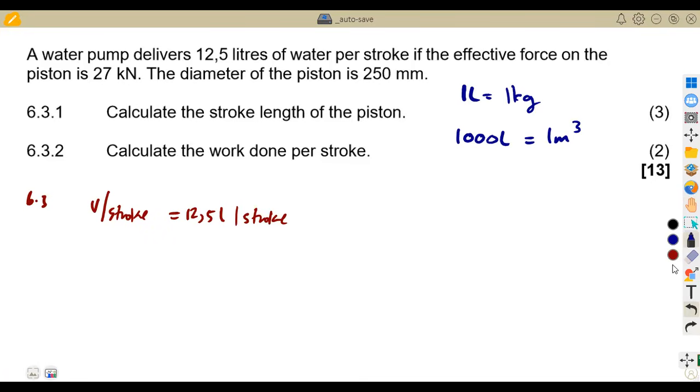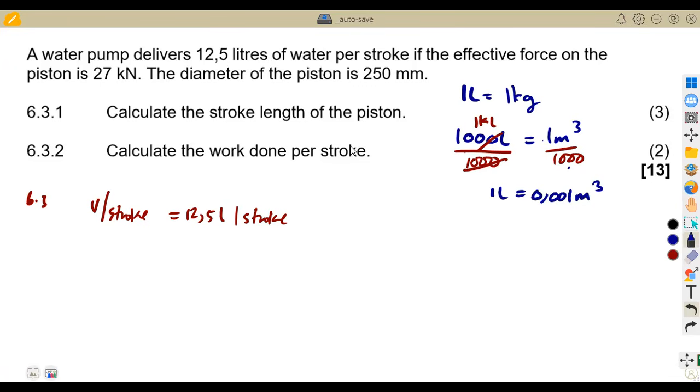So to relate 1 liter to a cubic meter, we just divide by 1,000. So 1 liter is equal to 1 over 1,000 cubic meters, or 0.001 cubic meters.